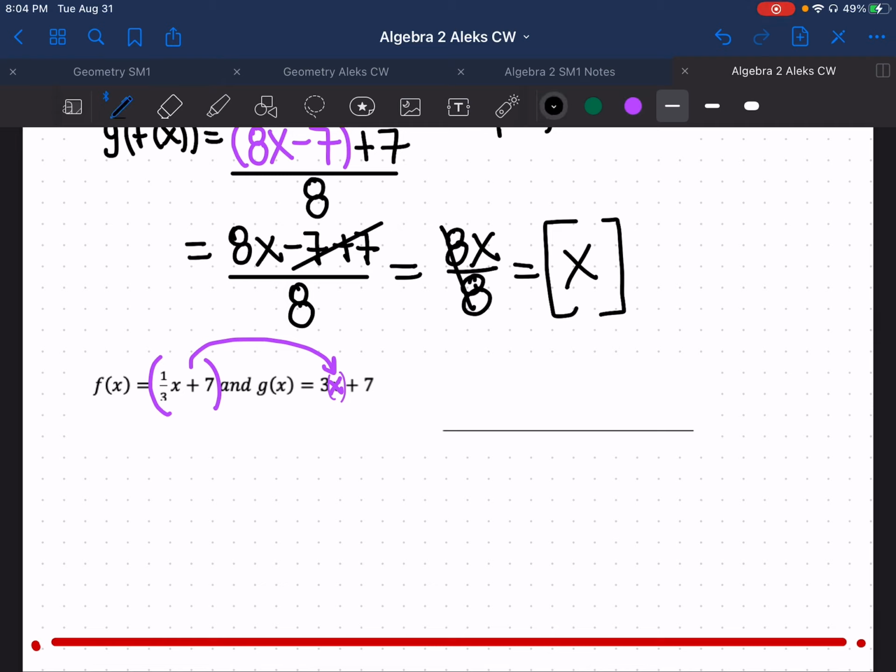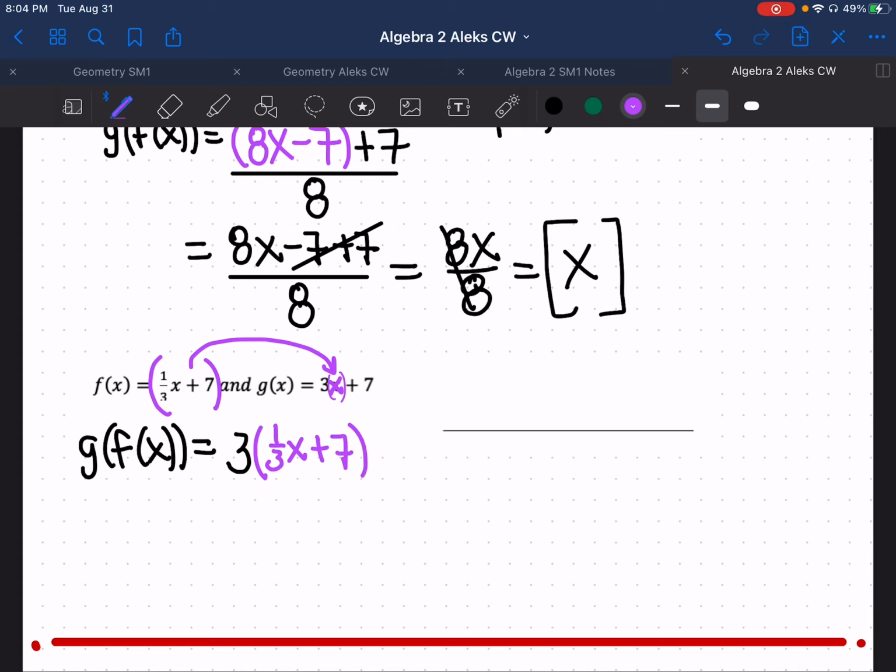So I'm doing, once again, g of f of x, because I'm going to be plugging f of x into g of x. It's not so much important that you get this symbol correct. It's just that you get your substitution correct. So I'm going to start with the 3, and then I'm going to substitute in the f of x function.